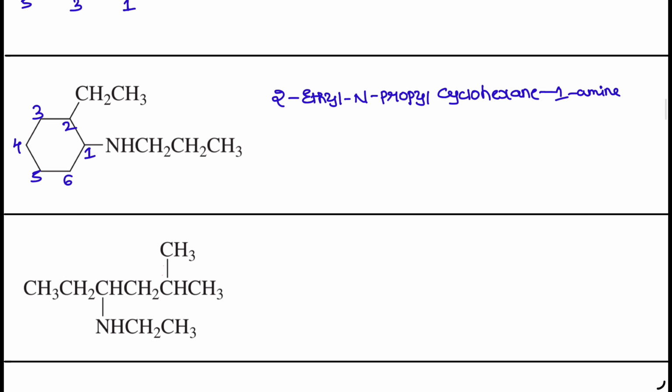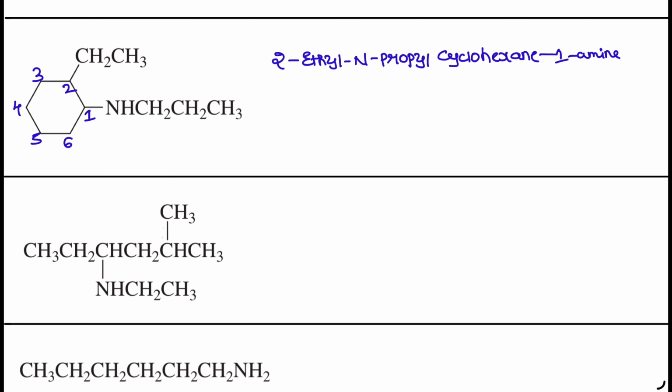And the next example, so this is again a secondary amine. Here we have a 2 carbon group, and a group with more than 2 carbons. So obviously this is the longest chain. Numbering must be from the left side because the functional group should get the least possible number. 1, 2, 3, 4, 5, 6.